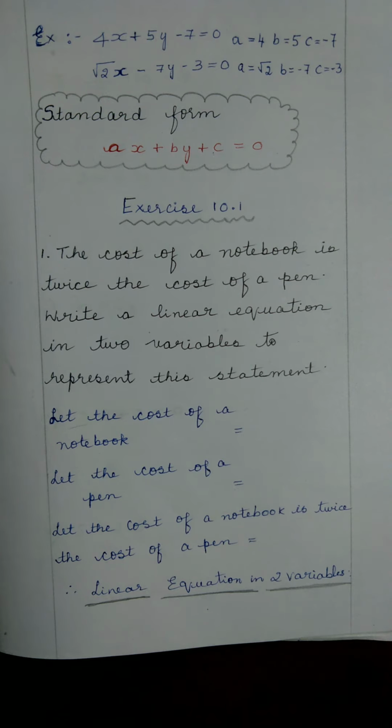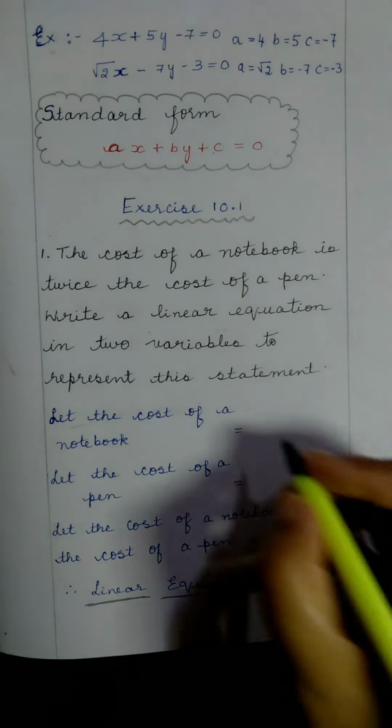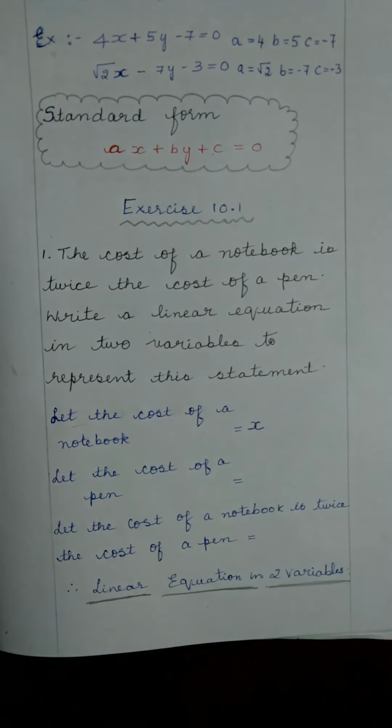Now, the cost of a notebook is not given, and hence, let the cost of a notebook be the variable x. Then, the cost of a notebook is twice the cost of a pen. Now, the cost of a pen is not given. Since it is a linear equation in two variables, let us consider the cost of a pen equal to y.